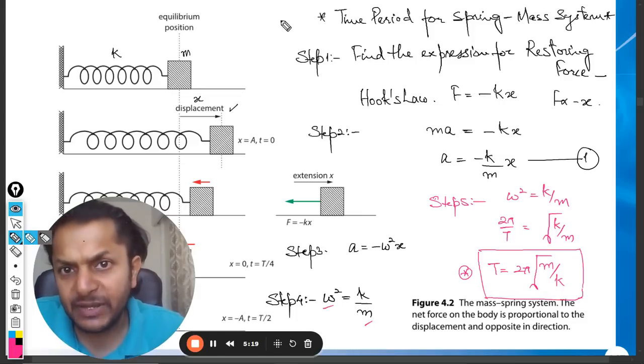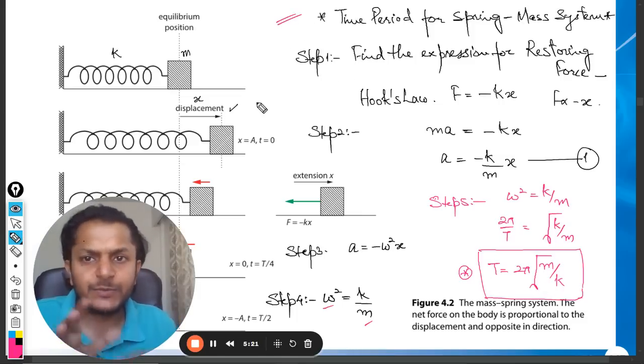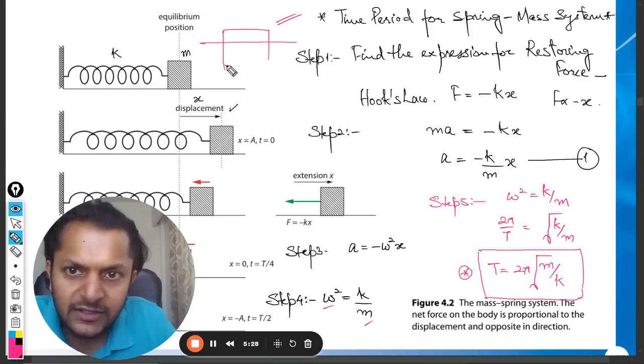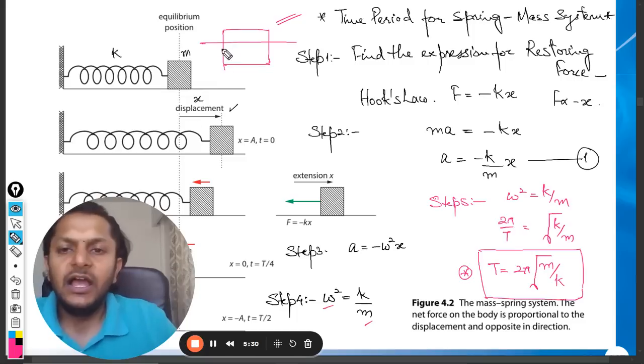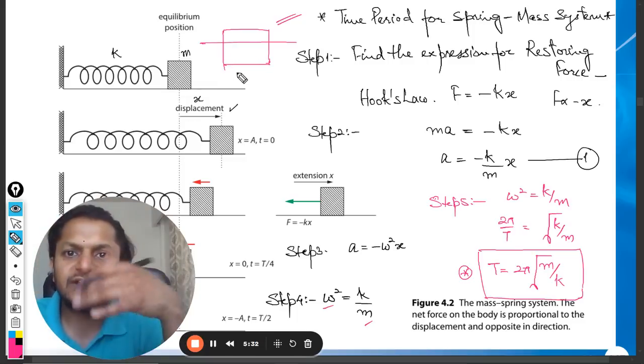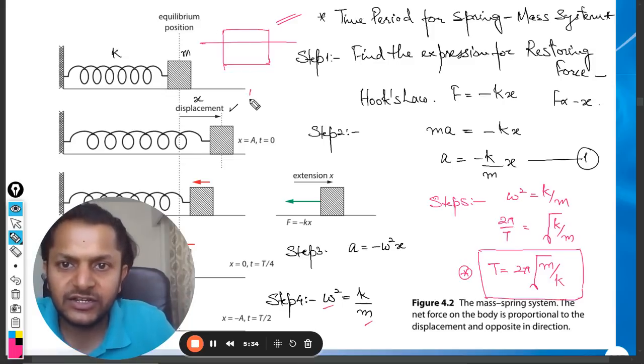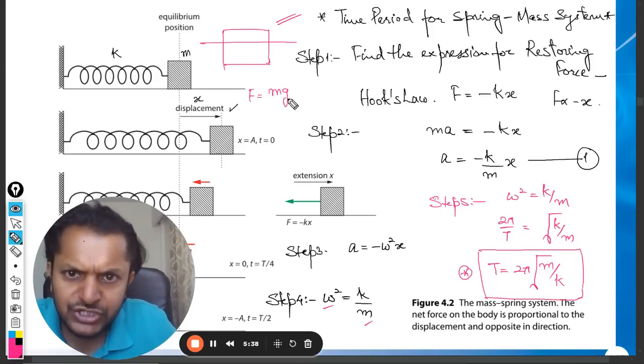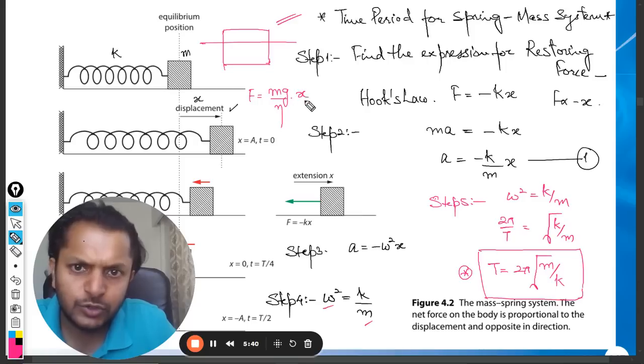Now what happens in paper 2 is, some expression is given to you. For example, they will say that there is a body which is floating inside water, and the expression of the restoring force will be given to you, something like mg divided by the coefficient of viscosity into x.